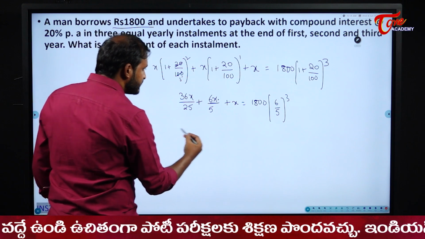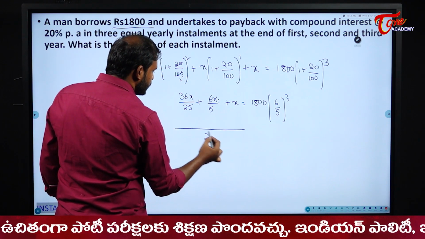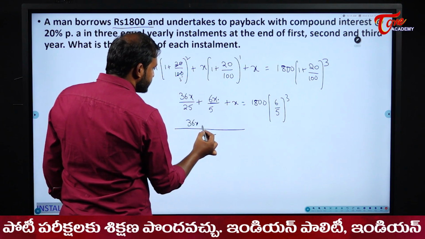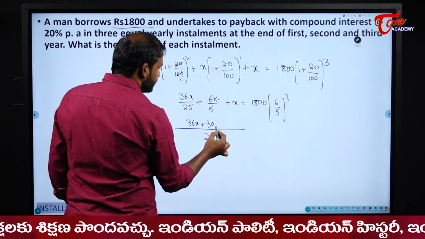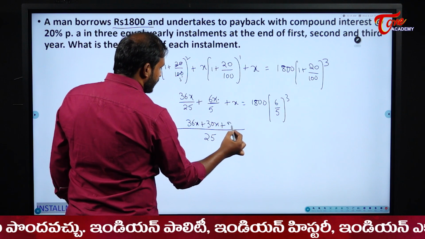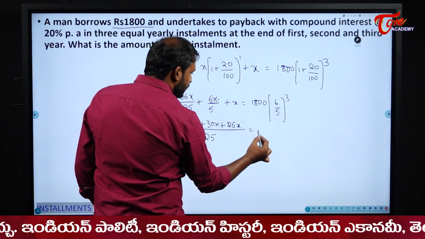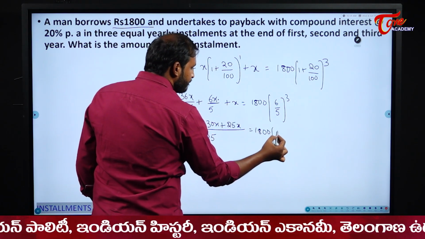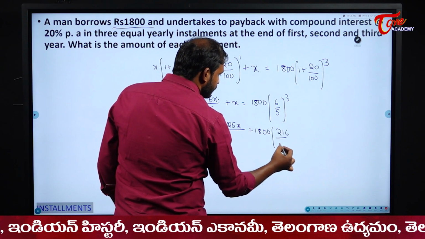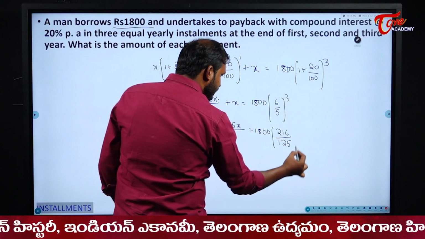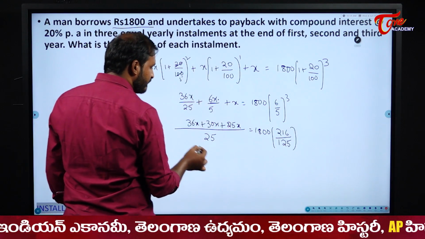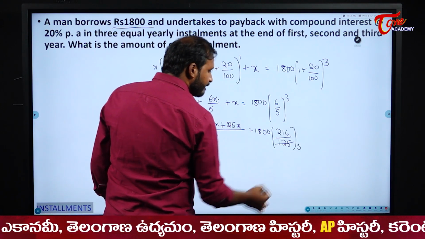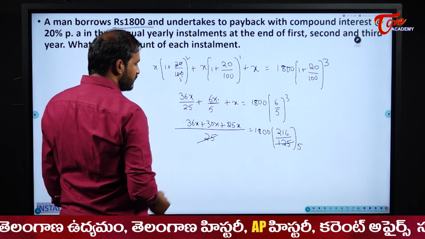Now when I take the LCM, what does it become? 25. So 36x plus 30x plus 25x is equal to 1800 into 216 by 125. Okay, so 25 ones, 25 fives.